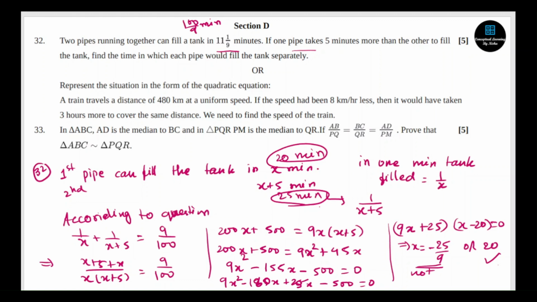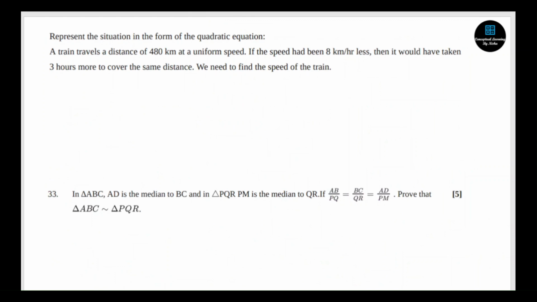Alright. Now this OR part, let's quickly solve that. We have to represent the situation in a quadratic equation. So a train travels a distance. The total distance equals 480 kilometers. If the speed had been 8 km per hour less, the time would be 3 hours more.